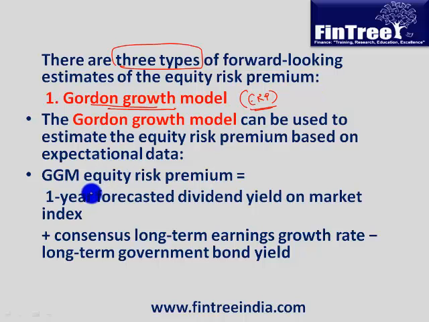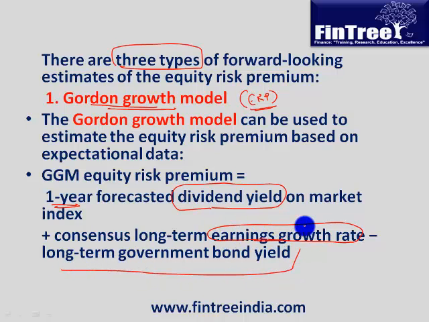So what is the formula given here? The 1 year forecasted dividend yield plus the consensus long term earnings growth rate minus the long term government bond yield.